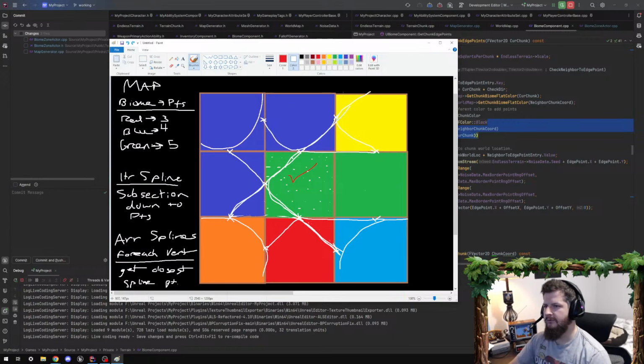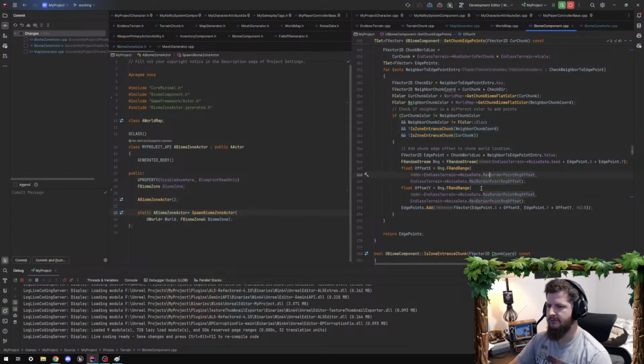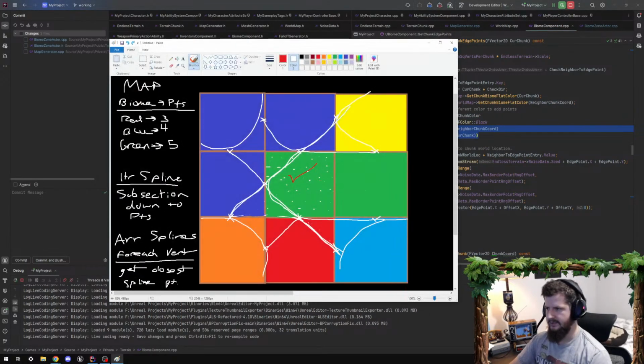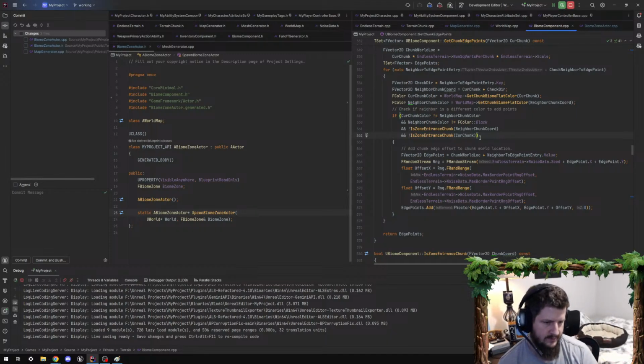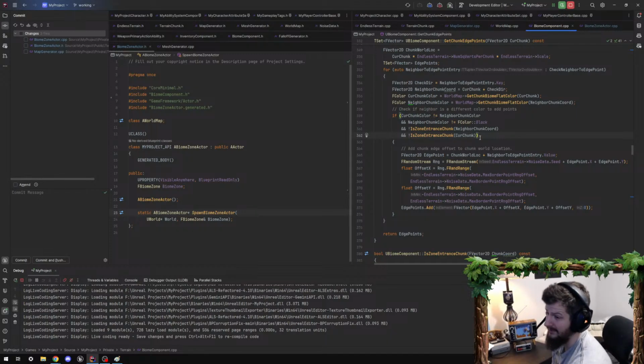And I guess if I'm removing points, I would need to make sure that the neighbors know that those are removed points as well. Because technically, this point is shared by this one and this one. So I would need to store, rather than the zone entrance chunks, the zone entrance points.